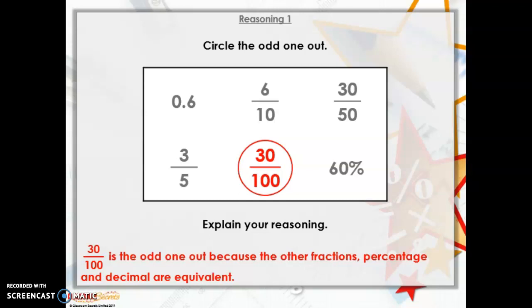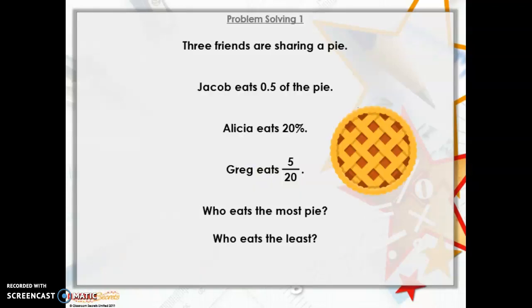Last question. 3 friends are sharing a pie. Jacob eats 0.5 of the pie, Alicia eats 20% and Greg eats 5/20. Who eats the most pie and who eats the least? You need to convert to the same amount.